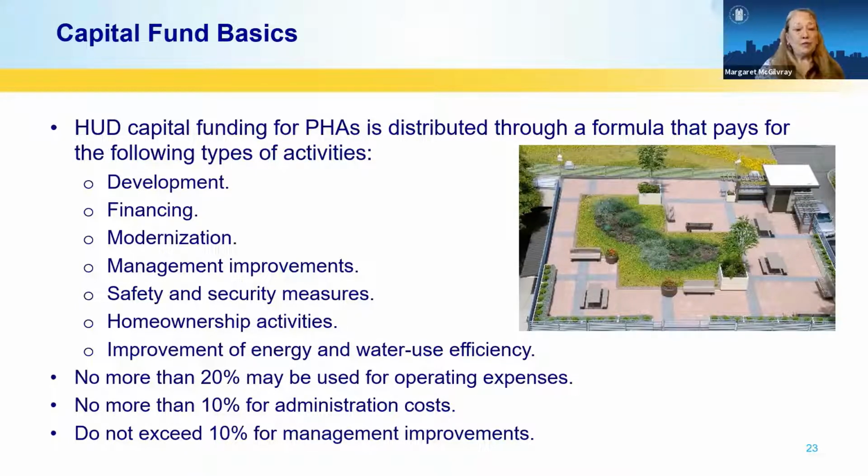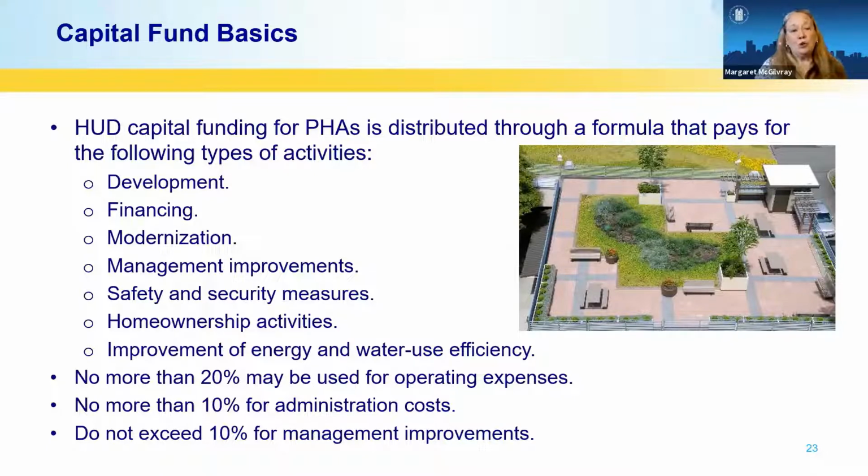You can also do demolition and replacement activities. You can do resident relocation if you have done some demolition and other types of reconstruction activities. You can also do capital expenditures for safety and security of residents, but we'll get into some of the details of that one in a little bit.